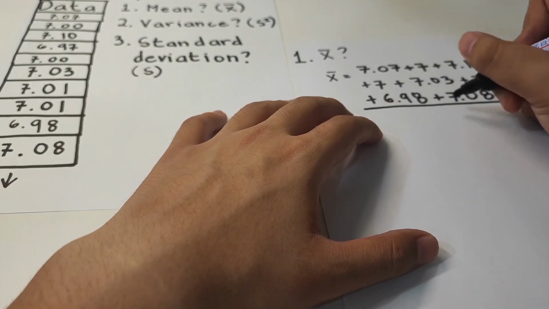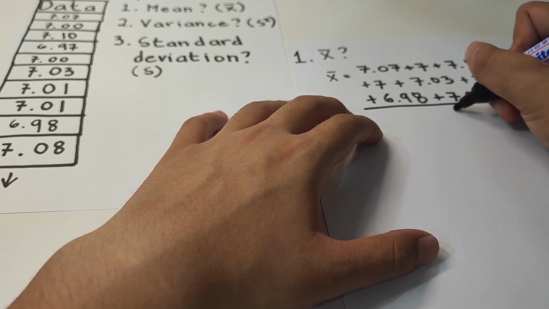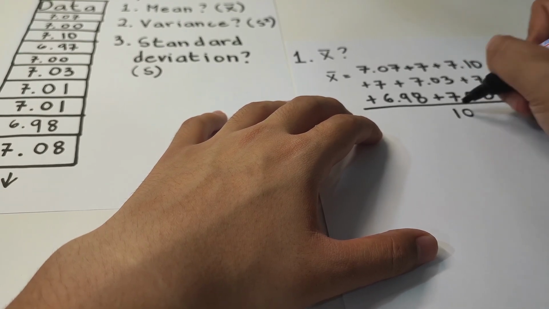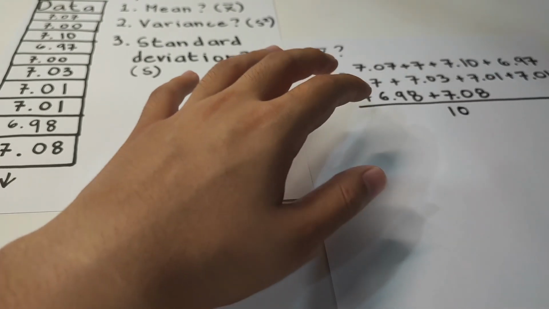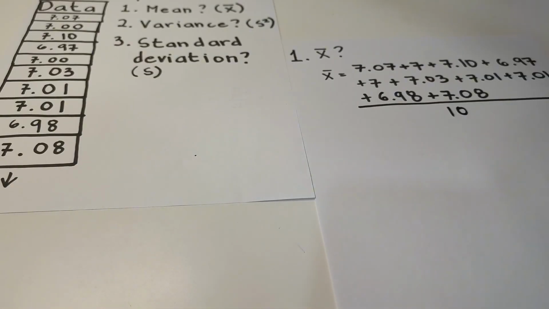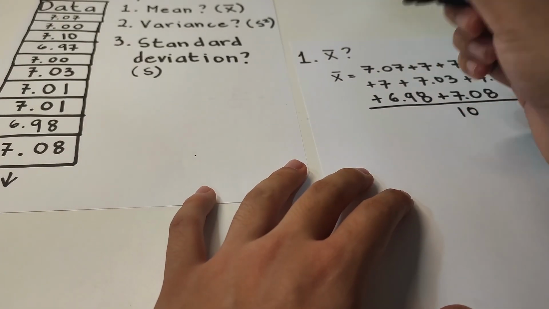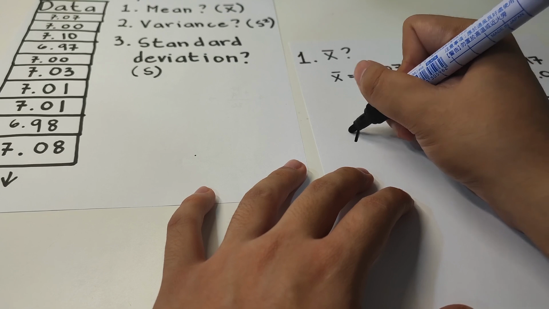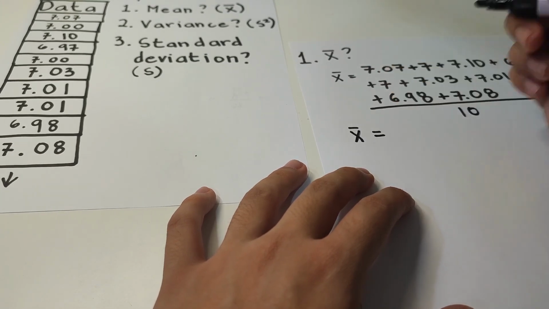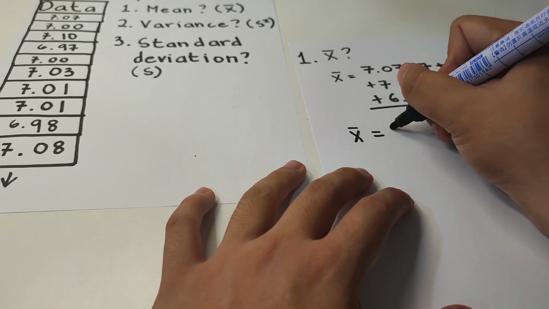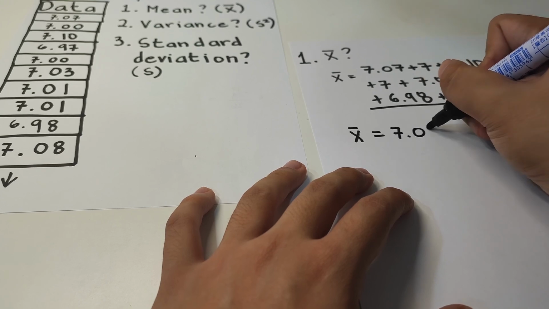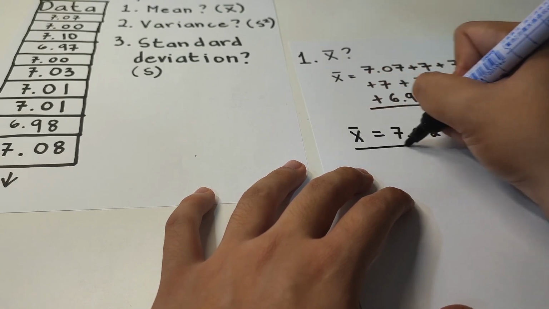So n, lowercase n, is equal to 10. Now you can just grab your calculators. And now we have a sample mean of 7.025.